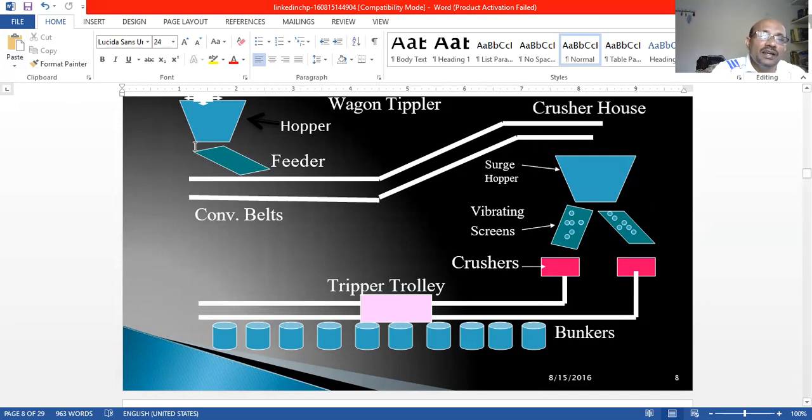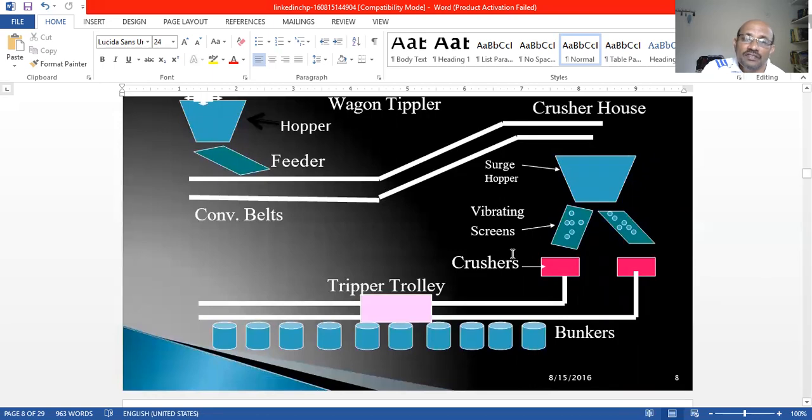So first there will be the hopper. After that, the feeder. From the feeder the coal drops onto the conveyor belts and is sent to the crusher house. From the crusher house we send it to the surge hopper, and from the surge hopper to the vibrating screens.